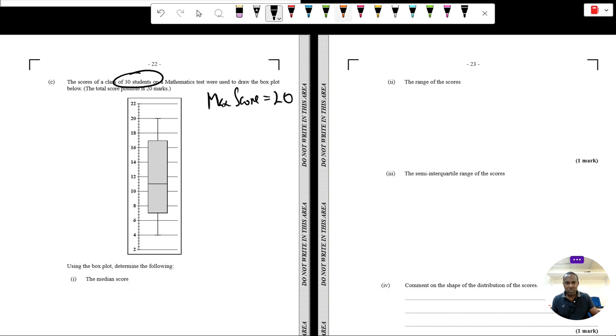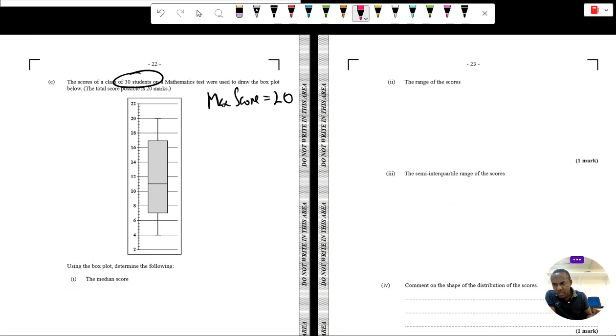Now, what do they ask us now? Let's analyze this diagram and see what we can actually determine from the box and whisker plot before we actually proceed to answering the questions required of us. So what pieces of information are to be shown by a box and whisker plot?